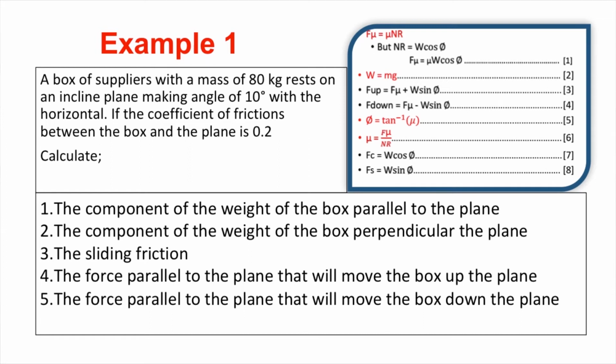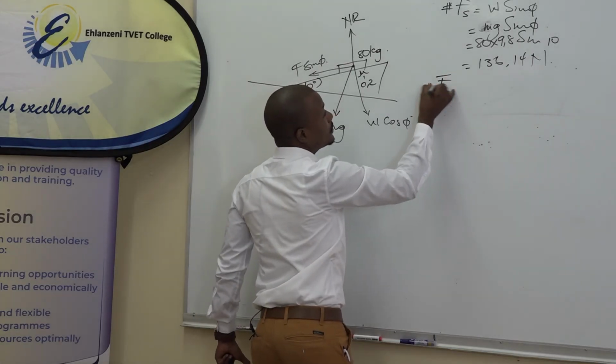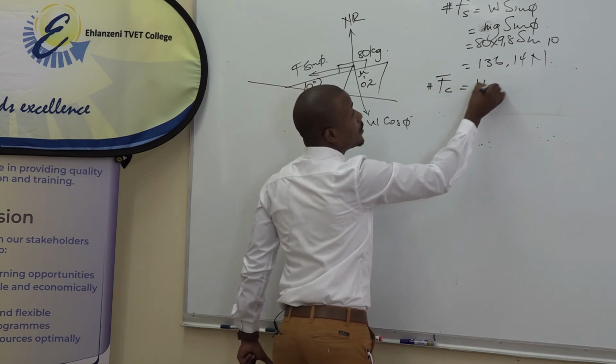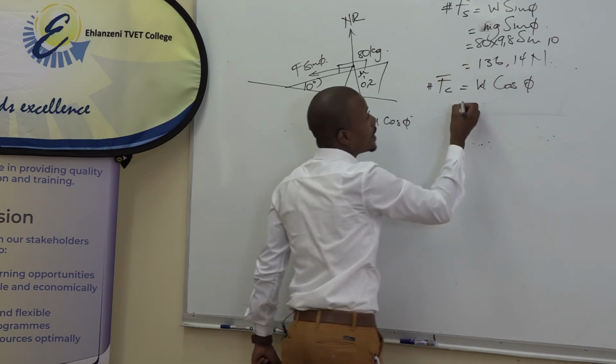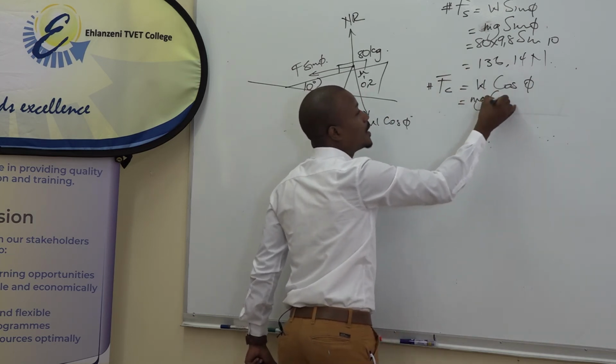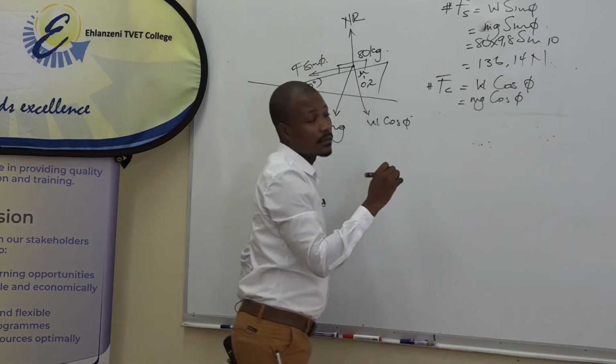The component of the weight of the box perpendicular to the plane. Now, which equation should we use there? Exactly. Number 7. Fc is equal to W cos theta, which is mg cos theta.